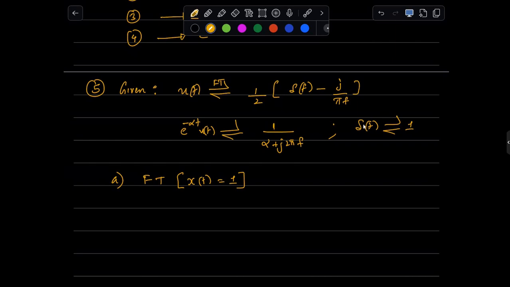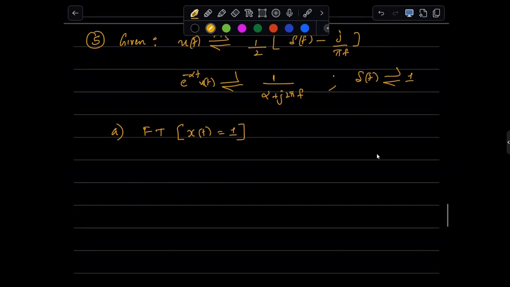If you compare, you can see that delta of t has the Fourier transform 1. And you know the duality property is a very important property.